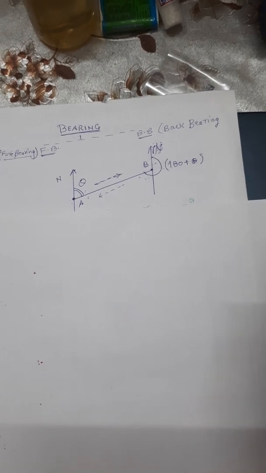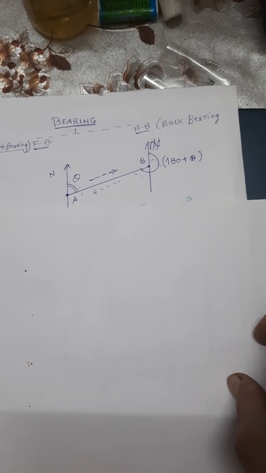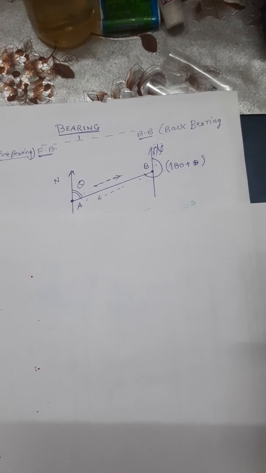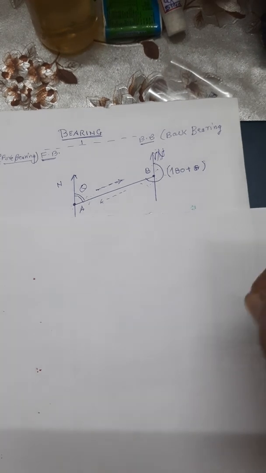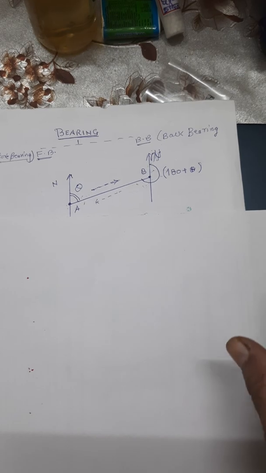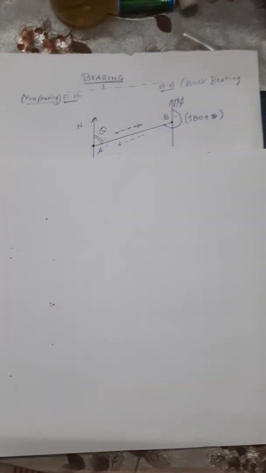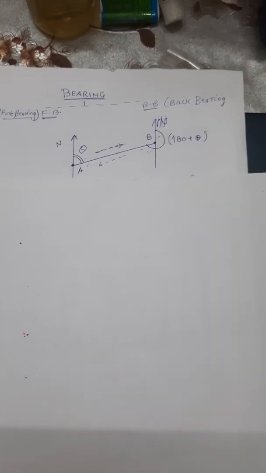Either it will be less or more than 180 degrees. So when the difference is less than or more than 180 degrees, we can say that there is some local attraction, and because of that local attraction this deviation of angle takes place. In the succeeding process, we'll calculate how much local attraction is there, how much deviation is there, and how it can be corrected.